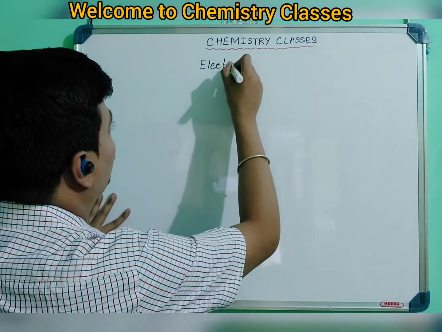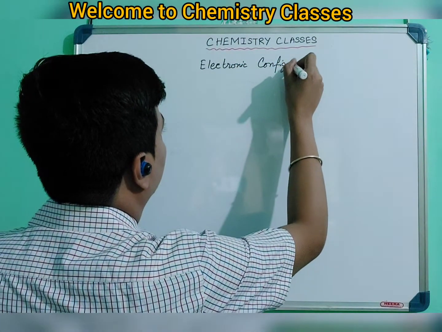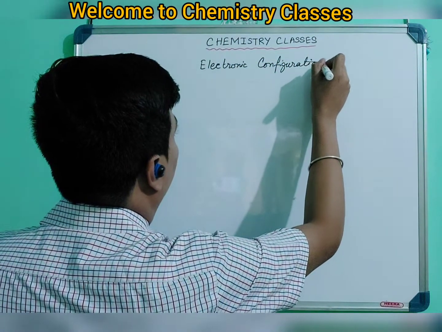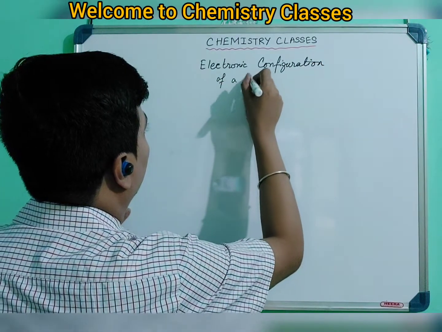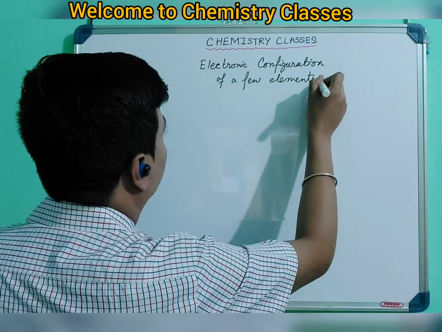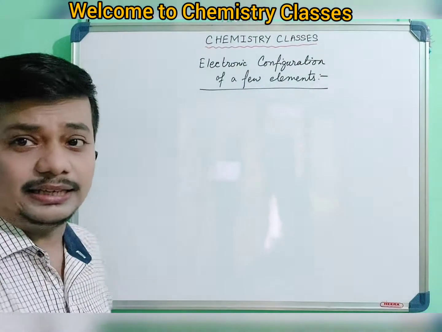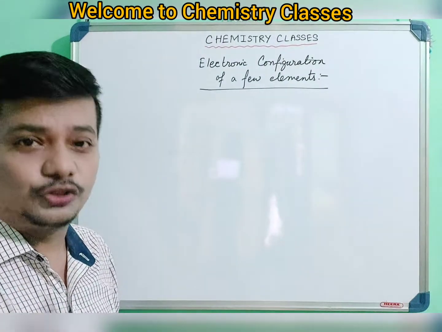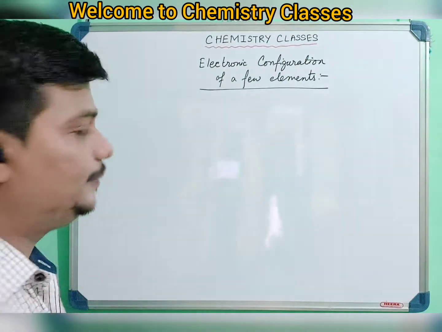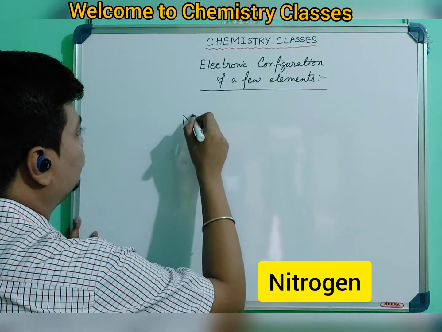So I will do the electronic configuration of a few elements. Last day I have shown you with sodium, but today I will be showing you with, let's say, nitrogen.